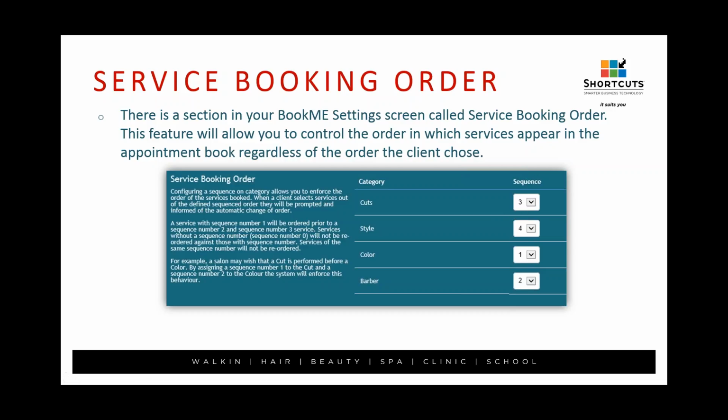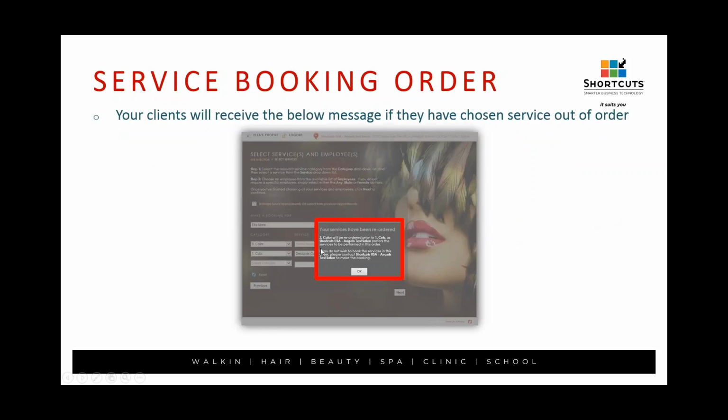Based upon what order you put this in, your client may receive this message that you see here, basically stating that the location they're booking at wishes for the services to be ordered in a different way, and it lets them know that it's going to reorder the service. Once the client says okay, it moves the color to the top. Any questions about that one?